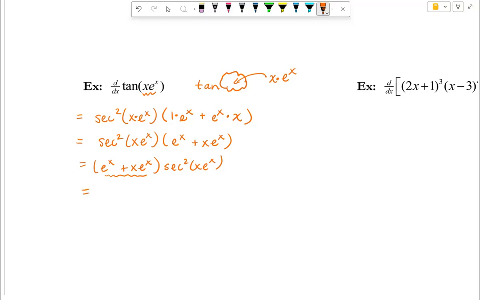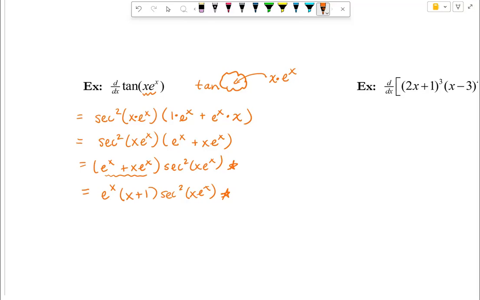So it is possible our answer would have e to the x, our GCF factored out. Then I'd be left with 1 plus x, which is the same as x plus 1 in parentheses, times secant squared of x e to the x. So I think these last two lines are most likely how our solution would be written if this were in fact a multiple choice style question.